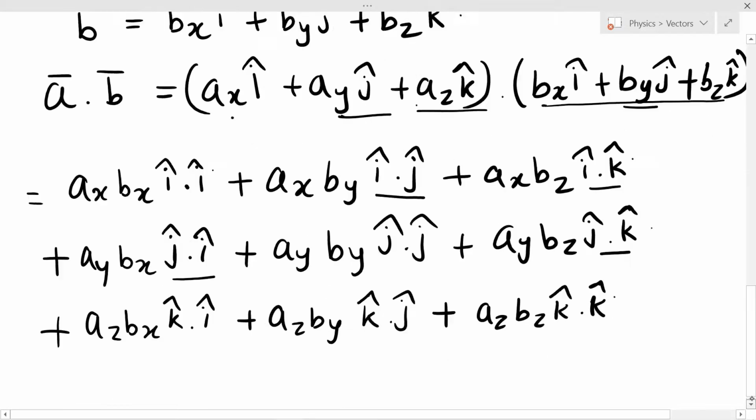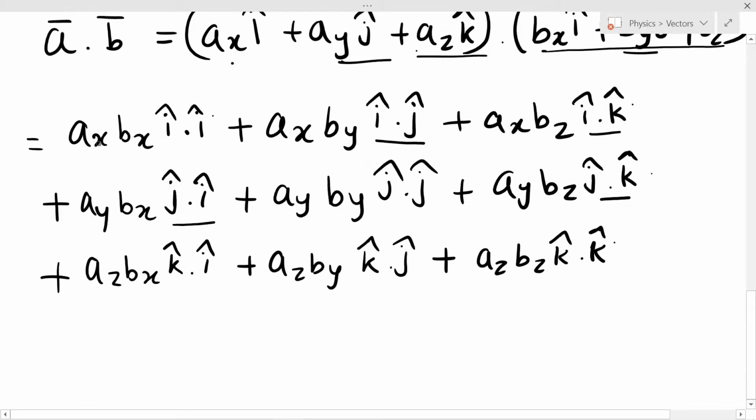So all vectors except these diagonal terms, so k cap dot I cap and k cap dot j cap, all these will be 0. Not this one, this is k cap dot k cap. So all these terms will be 0, and what remains are the diagonal terms only.